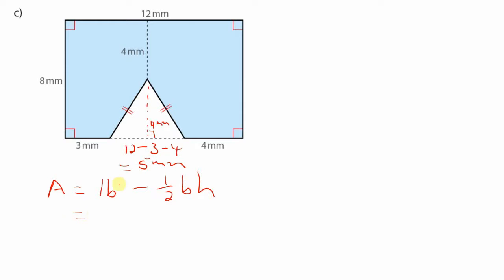So now it's simply substituting. The length is 12 millimeter. The breadth 8 millimeters. So we replace breadth by 8 millimeter. Minus half. What is the base of the triangle? Well, we calculated it. It's this 5 millimeter. And then finally, what's the height? We also calculated that. The 8 minus 4, it's 4 millimeter.